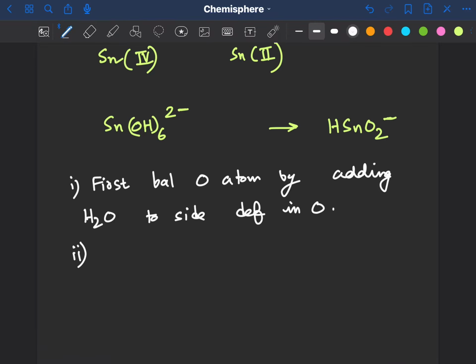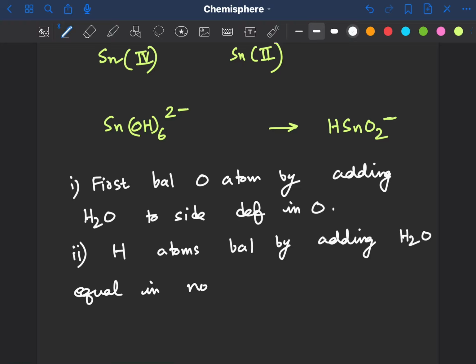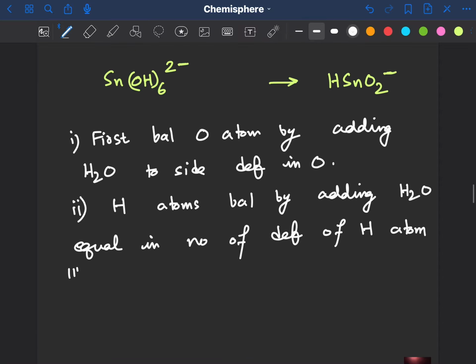Second, H atoms are balanced by adding H2O equal in number to the deficiency of H atoms. Third, an equal number of OH minus are added to the opposite side of the equation.